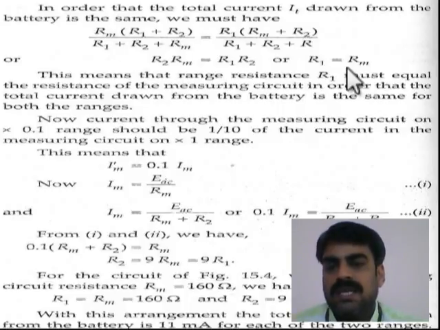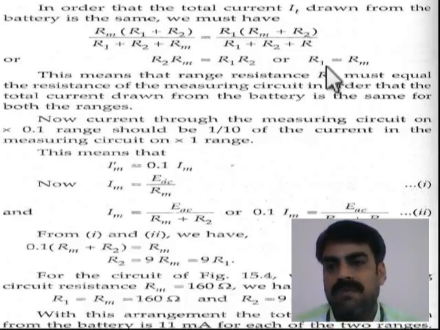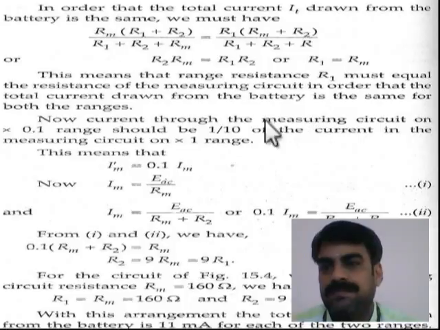Assume that range 1 is selected and Rm value is 160 ohm, so R1 is 160 ohm according to range 1. Like this we have to calculate the value of the other resistor present in the circuit, that is the R2 value. So we will see how much it is.